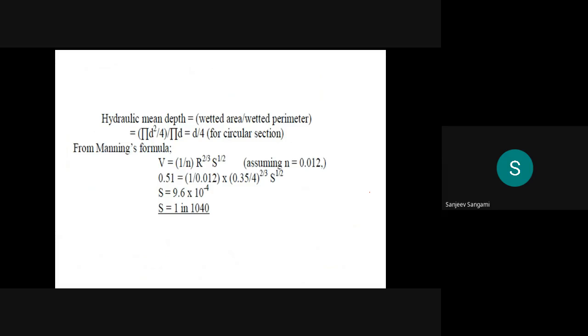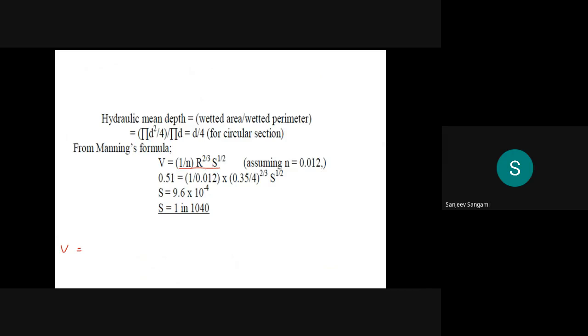Then he asked the hydraulic mean depth. Because they asked to calculate V also, we have the formula 1 by n r to the power 2 by 3 s to the power half.